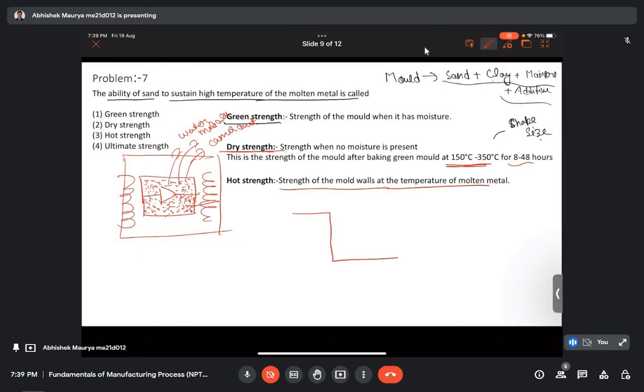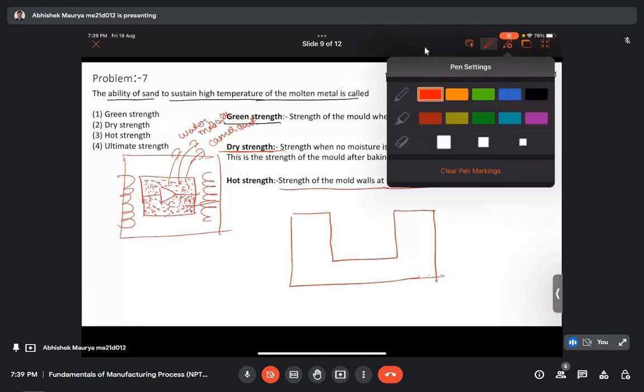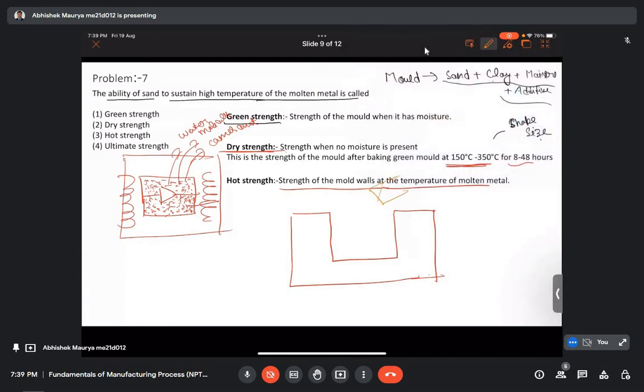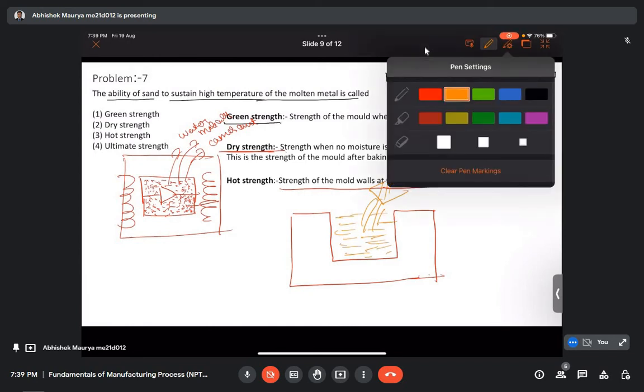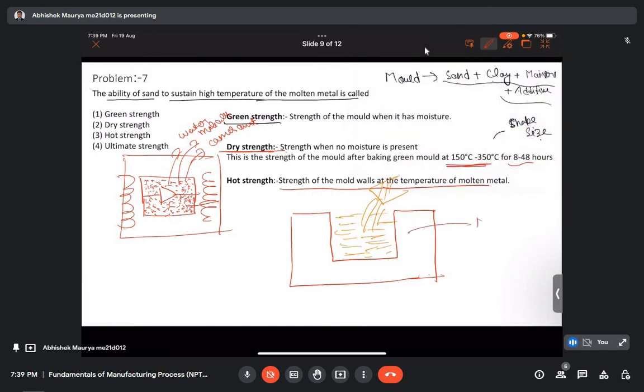Suppose we have a mold cavity like this, and now we are pouring some molten metal inside this cavity. And these are the mold walls. Whenever we pour the molten material inside this cavity, the molten material will interact with these mold walls.